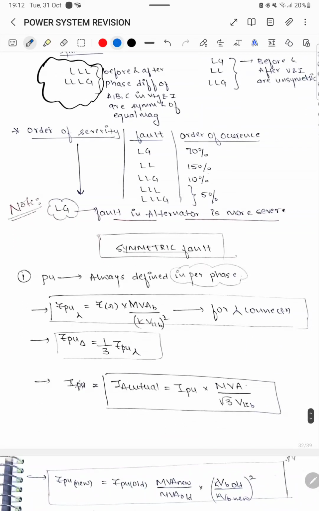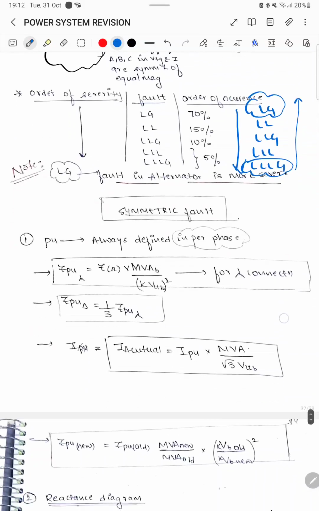Order of severity. Starting from LG, LL, LLG, triple L and triple LG, severity increases from top to bottom, but chances of occurrence decrease from top to bottom. So LG fault is most probable to occur, and the triple LG fault is the least likely to occur.